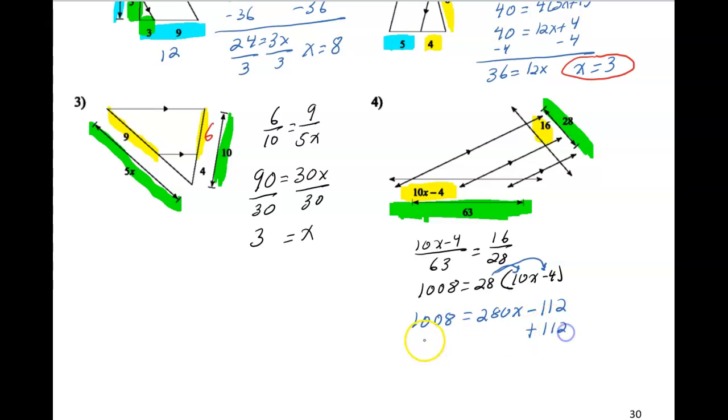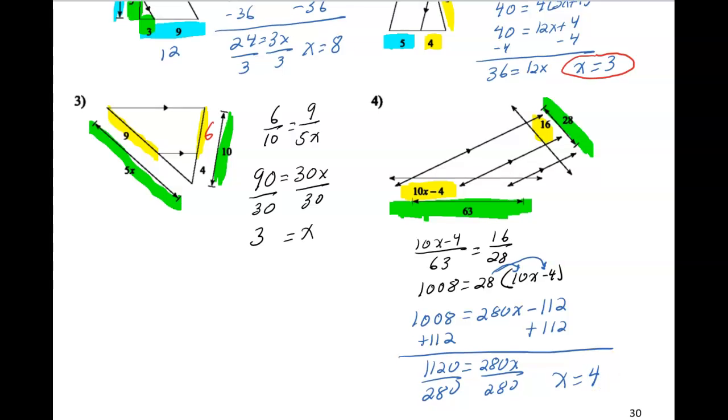Let's add 112 to both sides. We'll get 1120 is 280x. Divide by 280. And when you do that on your calculator, you get x to be equal to 4.